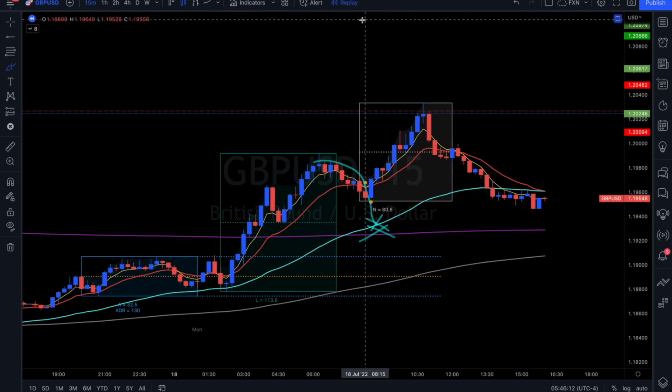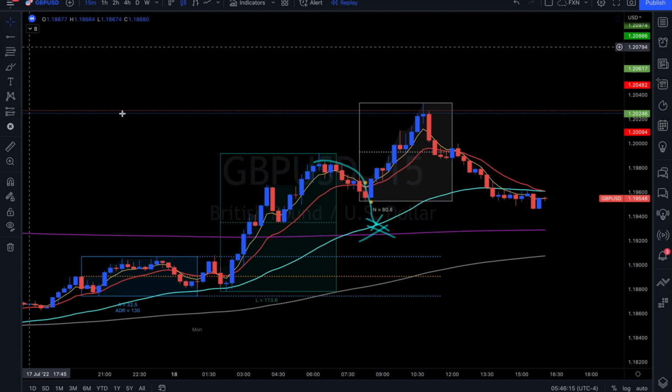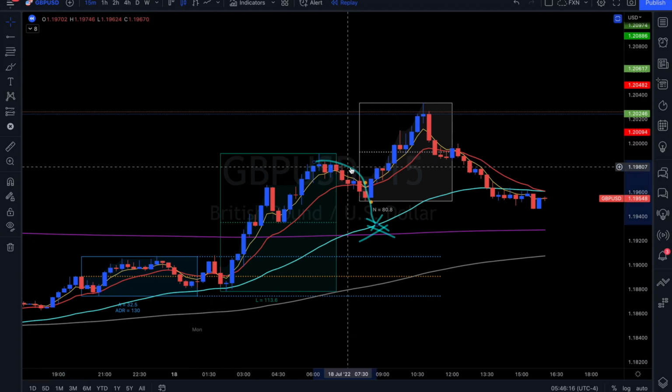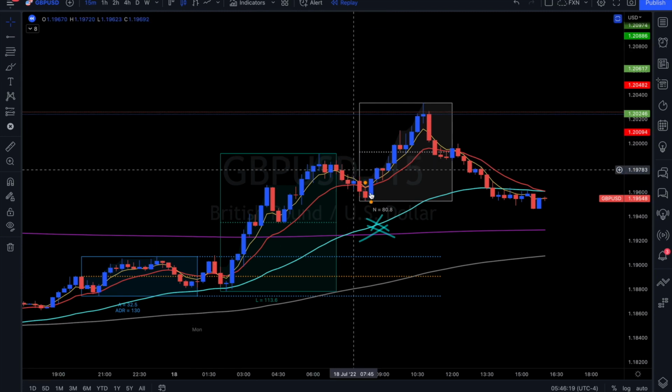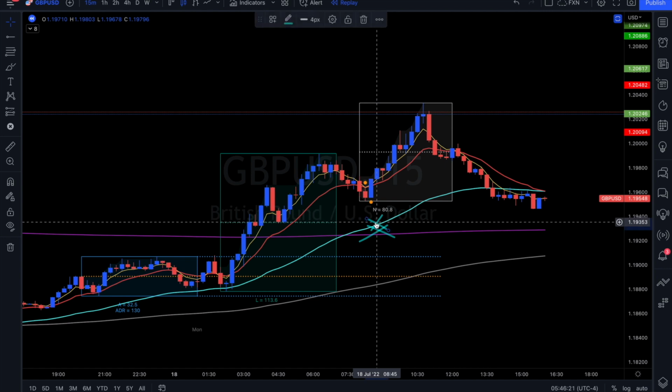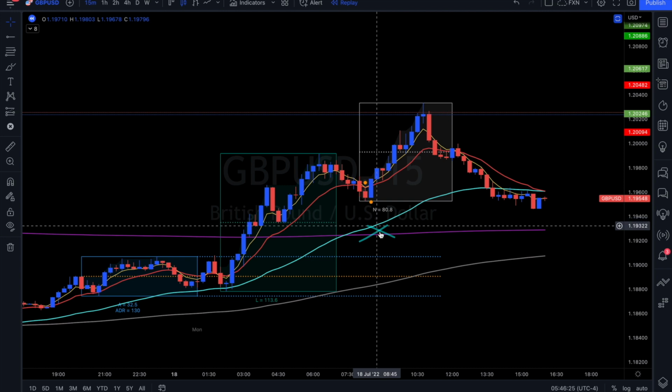It was a good star pattern that it gave us. But ultimately, the biggest problem I had with it was that you did not get a deep pullback. For me specifically, when taking a continuation trade, I want to see that deep pullback because it gives me more confidence when I'm taking the trade.